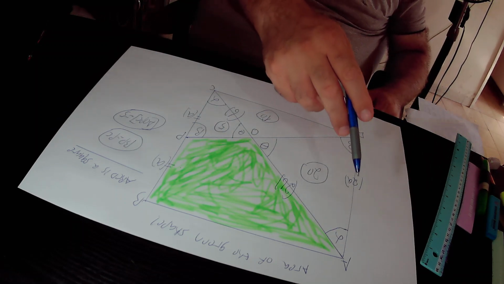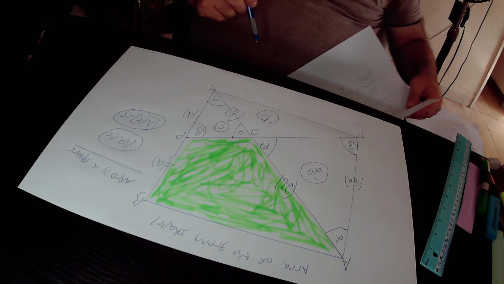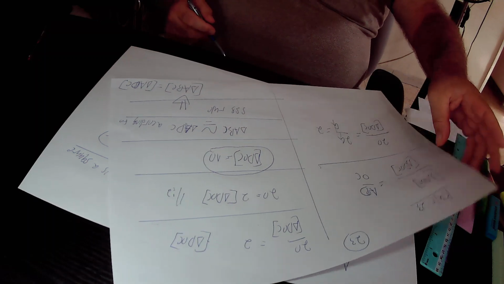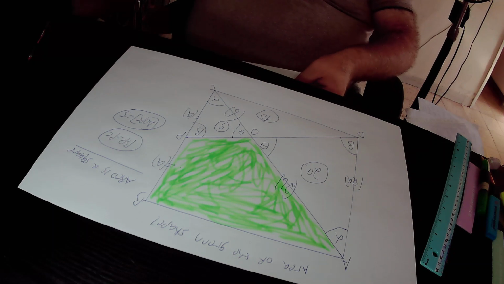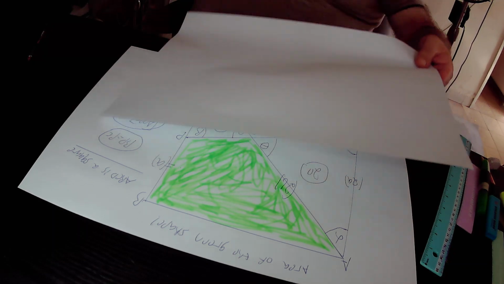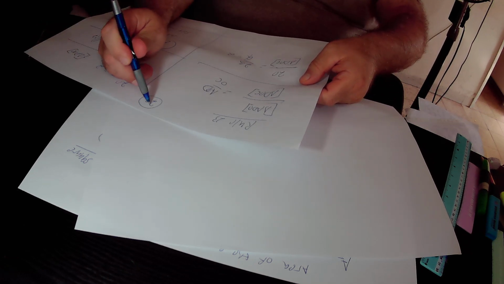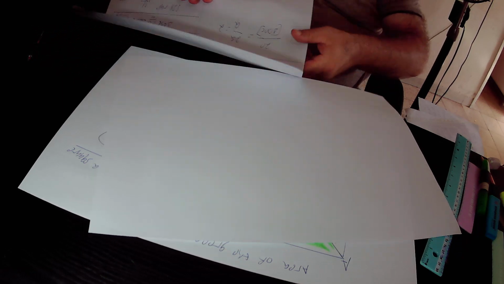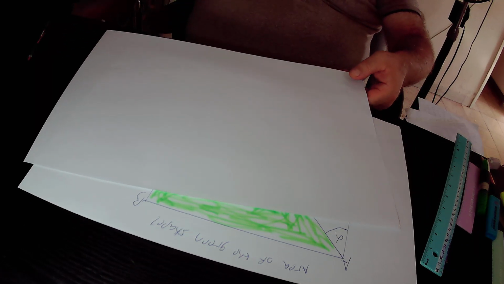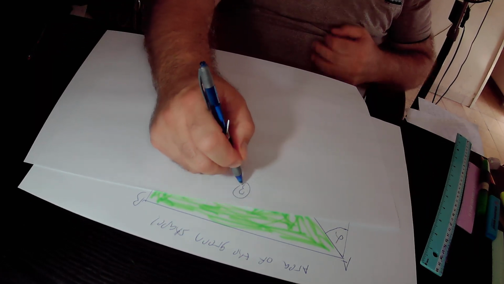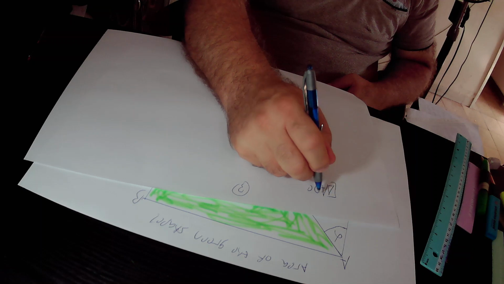But we know that the area of this right triangle ADC is in total equal to 20 plus 10, that is 30. So the area of triangle ADC is 30 square units.